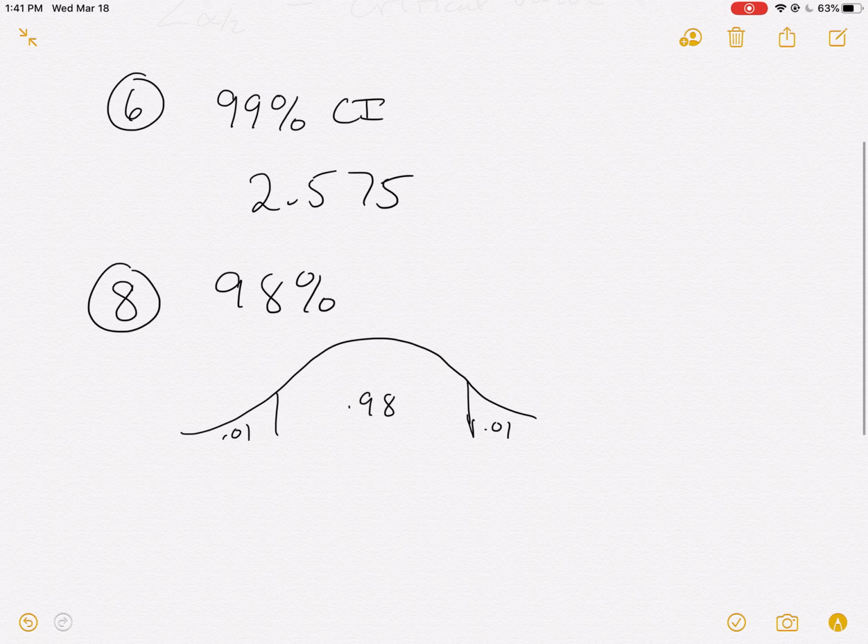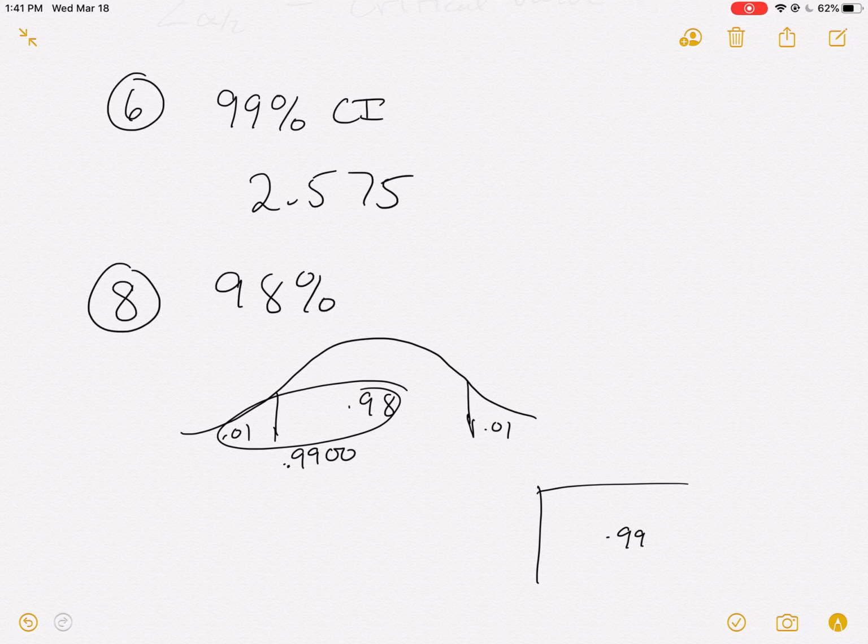Now this 98% confidence is not going to be at the bottom, so we have to go into the middle of that chart with 0.9900. The closest we're going to find in that chart is 0.9901, which happens to be in the 2.3 row in the 0.03 column. So for 98%, it's 2.33.